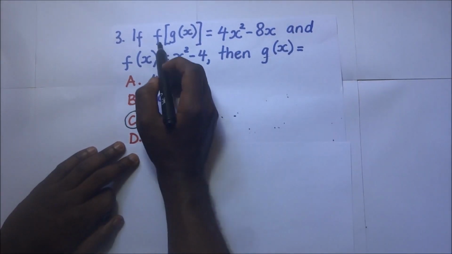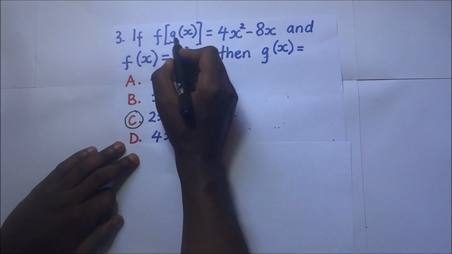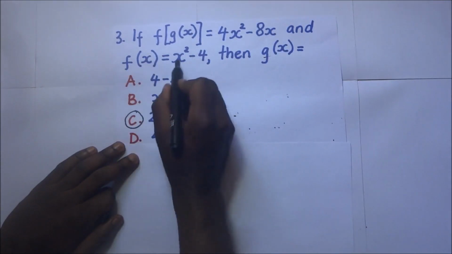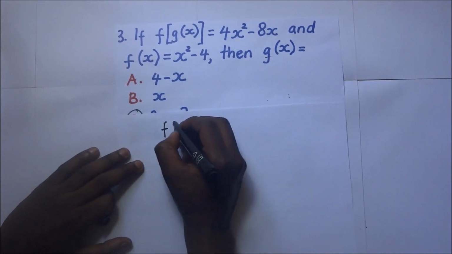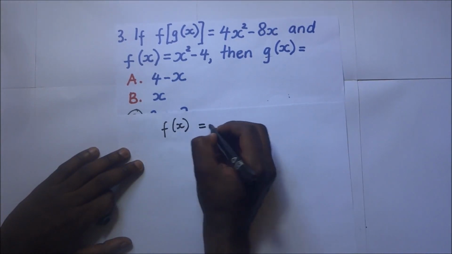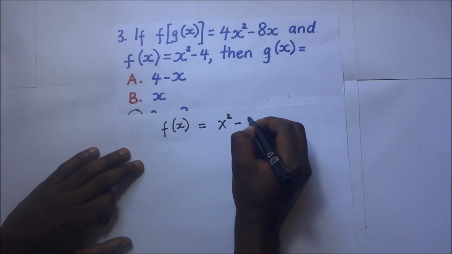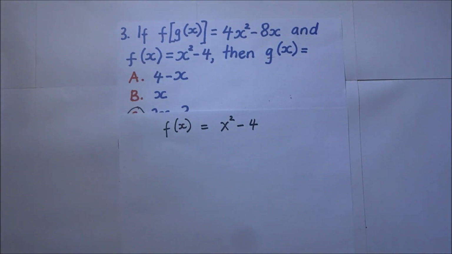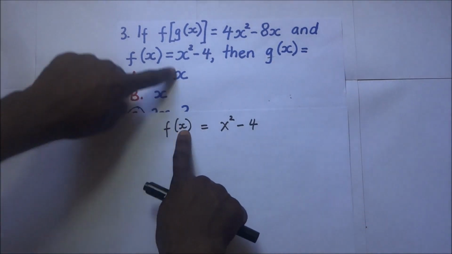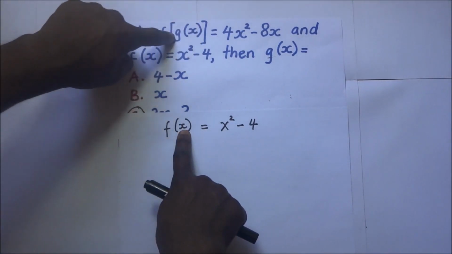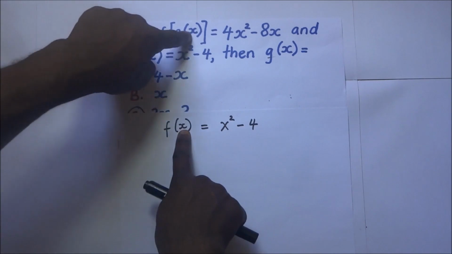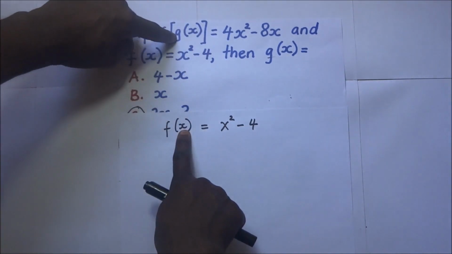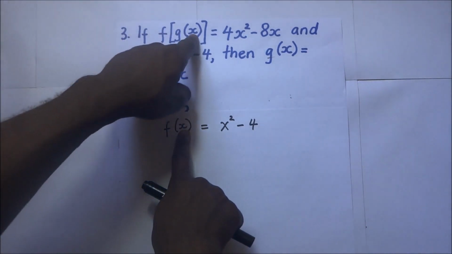Now to begin with, this is a composite function. We are having the function g of x inside f. So we shall start with this. We have f of x giving us x squared minus 4. That is the original function. But now let's substitute in the value of g of x in this expression, because it is a function where the input is another function g of x.